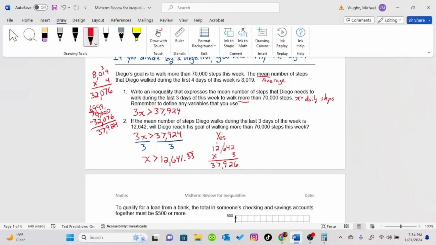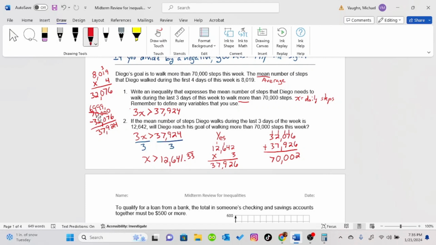So if we took the 32,076 from the first 4 days, and we added the 37,926 from the last 3 days, 6 plus 6 is 12, carry the 1. 1 plus 7 is 8, 8 plus 2 is 10, carry the 1. 1 plus 9 is 10, carry the 1. 1 plus 2 is 3. 3 plus 7 is 10, carry the 1. 1 plus 3 is 4, 4 plus 3 is 7.